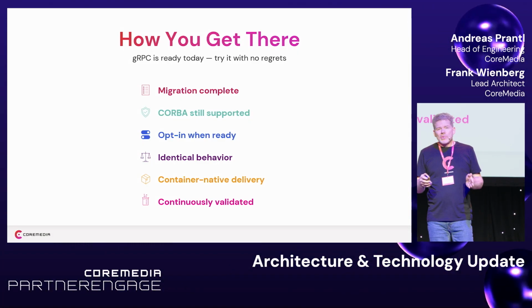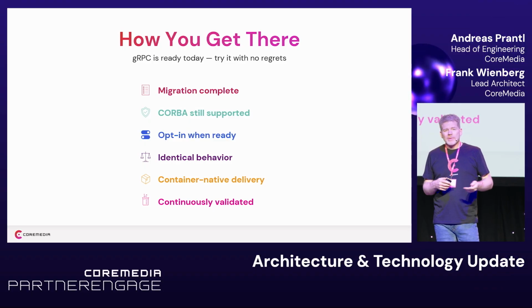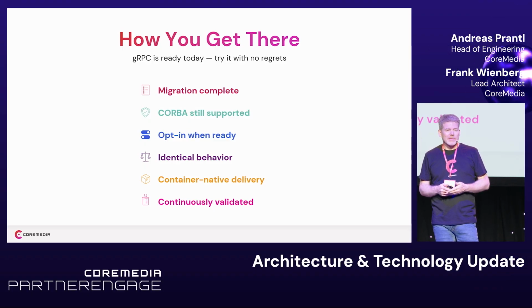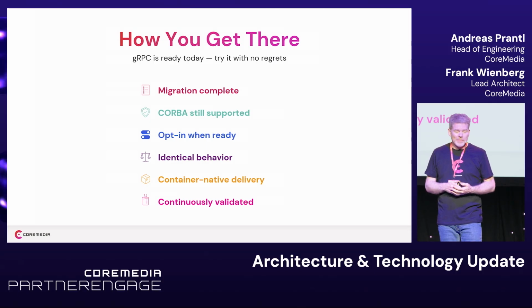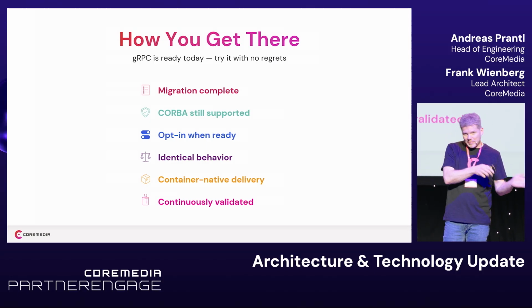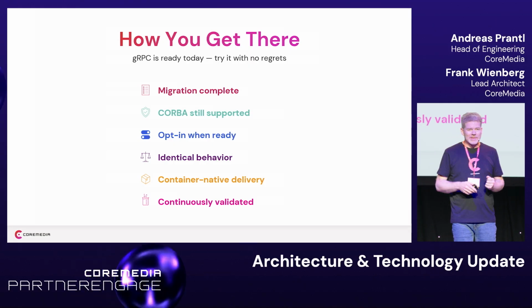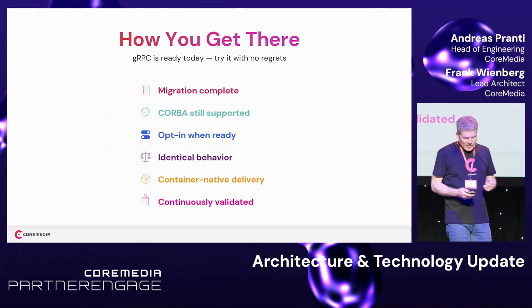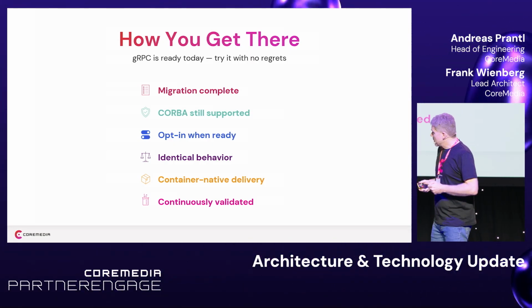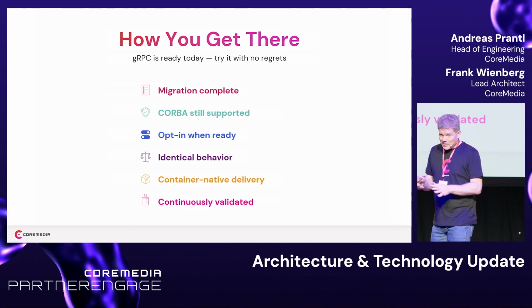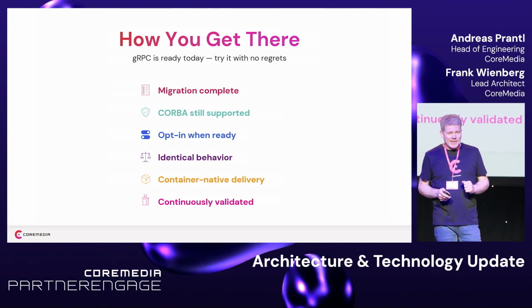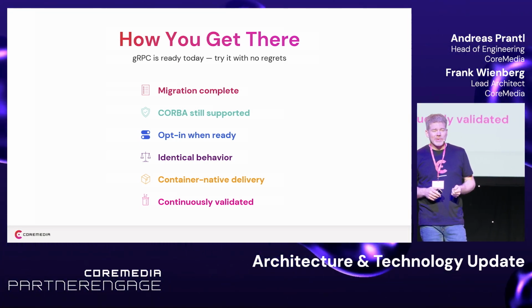If you plan a new Kubernetes deployment or new operation model, then I would suggest to start with gRPC because it really makes it easier. And also do this based, of course, on our Kubernetes manifests. Of course, we continuously validate with test pipelines and so on that this actually works and behaves identically.